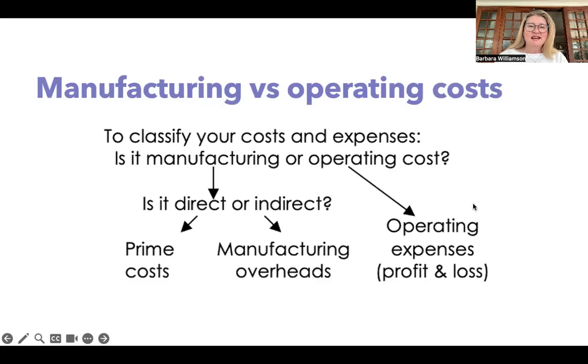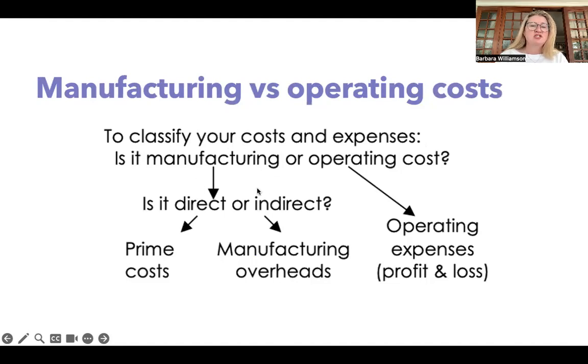So now you've got to get clever because you need to make sure that you separate your manufacturing and your operating costs very carefully. Because as you can see in the statement of income, they each go to a different place. So your first question is: is it a manufacturing or an operating cost? Manufacturing means it's money that you threw at the factory. Operating means it's something to do with the shop or the office.